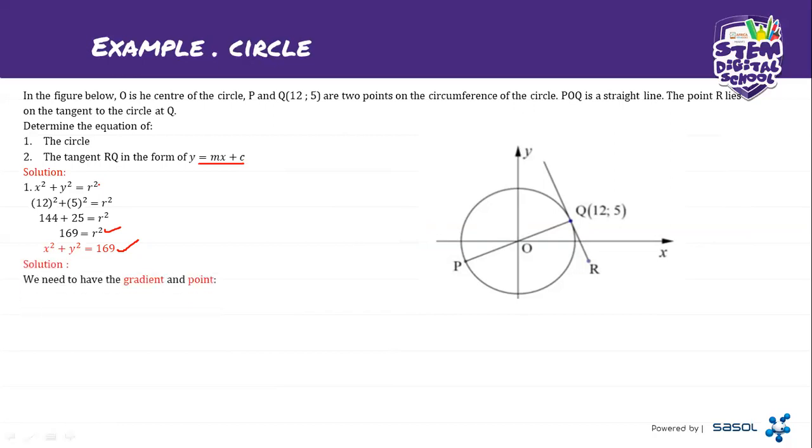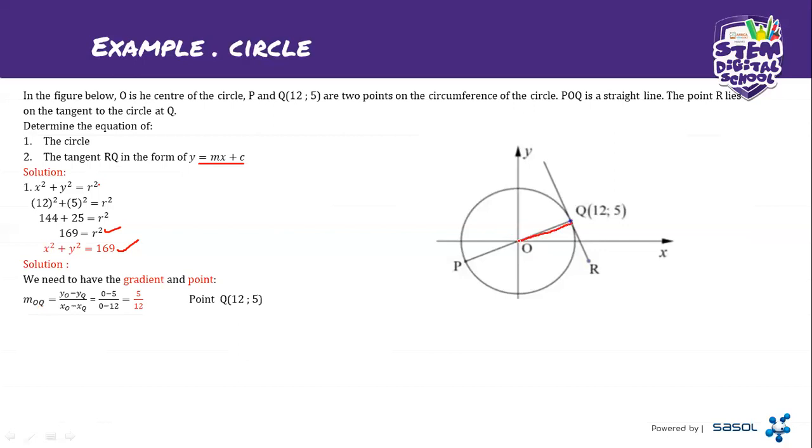First we need to have the gradient and a point. Of course, the point is quite easy. You can take this point Q there because it lies on this line that we need the equation of. And then from there, you're going to calculate the gradient of OQ. This is O, meaning the gradient of this line here.